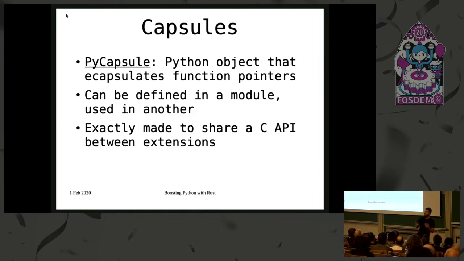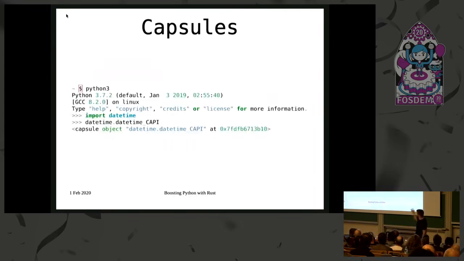Their main purpose is to allow for a shared C API between extension modules. That's what we're trying to do, because Rust targets the C API. You can open your favorite Python interpreter, look into the datetime module and see a capsule object. So there you go. That's in Python.